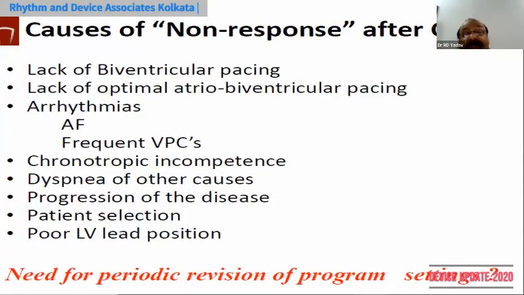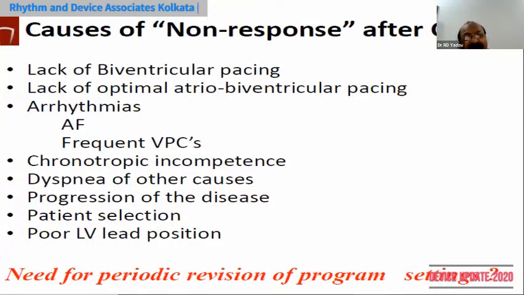Lack of optimal atrioventricular pacing is another common cause. Arrhythmias like AF and frequent VPCs also lead to non-response. Then chronotropic incompetence: if you have not programmed DDDR mode in patients with chronotropic incompetence, then the patient is not going to benefit from CRT. Dyspnea from other causes, or progression of the disease, may be other causes. Sometimes a DCM patient, particularly after CRT, reverts to absolutely normal, and once you turn off the CRT, the patient again develops LV systolic dysfunction.